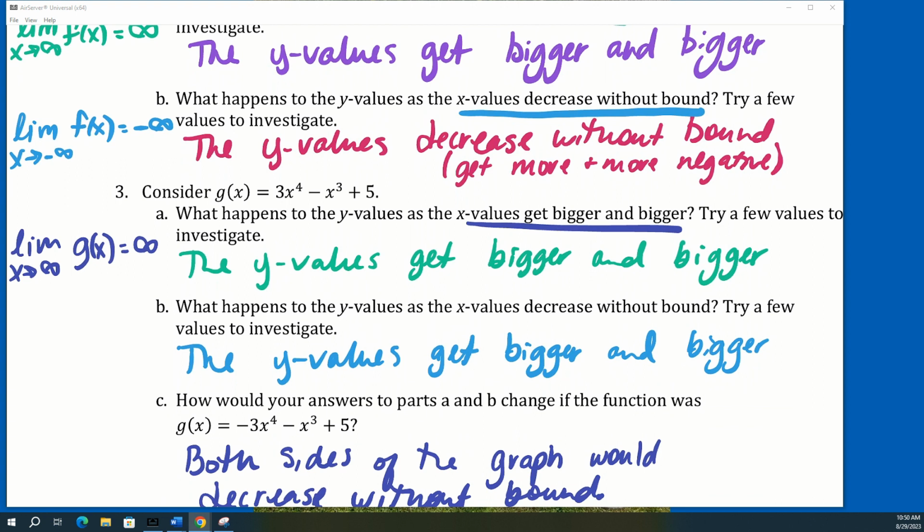All right, and then for 3b, it's the limit as x approaches negative infinity of g of x. And then on that one, the y's were increasing, getting bigger, so that's going to be infinity also. All right, questions on writing limits? We are going to get more practice on the other side with that as well.